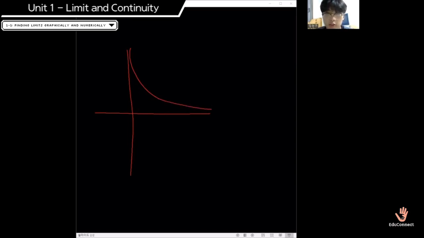As x gets closer to 0, we can see that the function shoots straight up. This is an example of the value of a function increasing without bound. In other words, the value of the function as it gets closer and closer to 0 cannot be determined. Therefore, the limit does not exist.